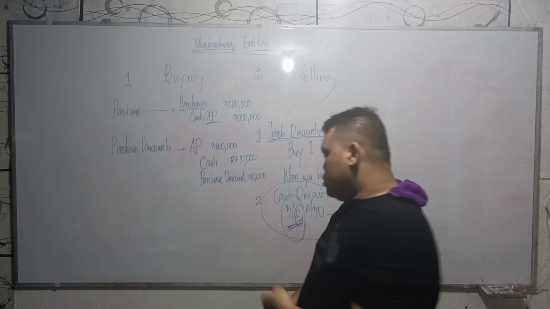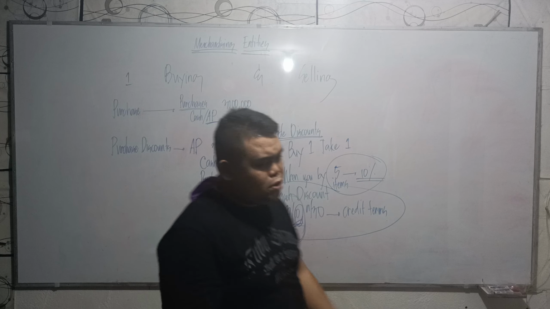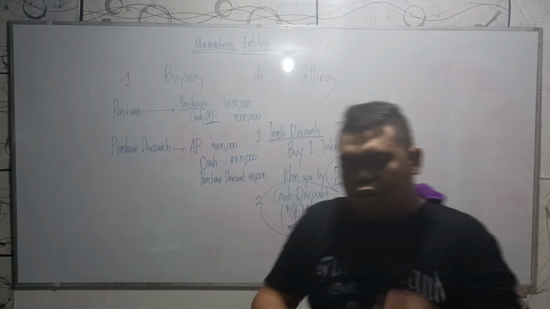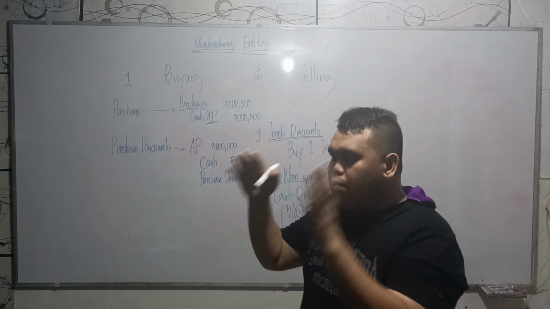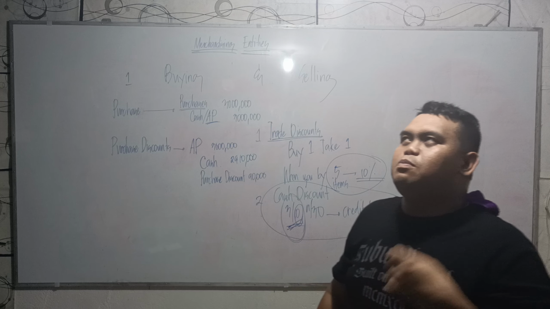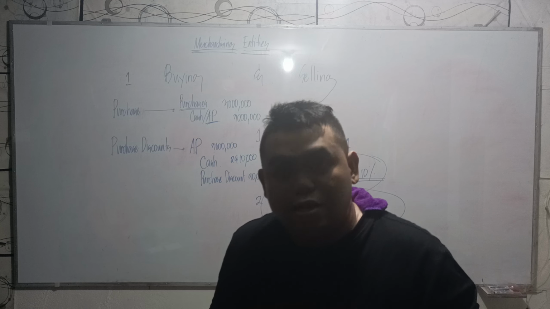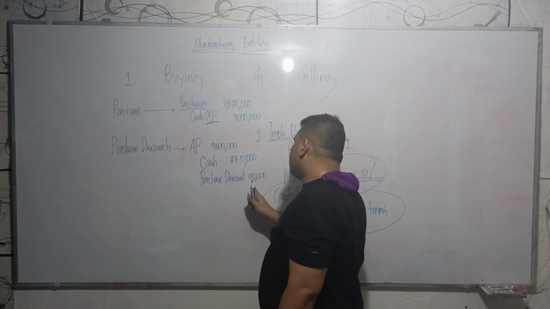Okay? Now, if you're going to be asked, how much is the net purchases? Net purchases is the amount that you're going to pay in the future if it is on account, or the amount that you have paid effectively if you have purchased based on cash. The answer is 3 million minus 90,000.